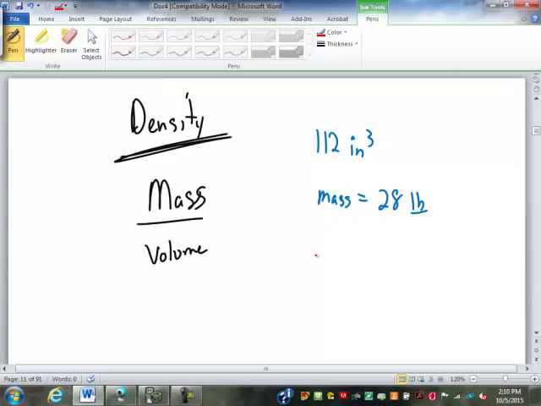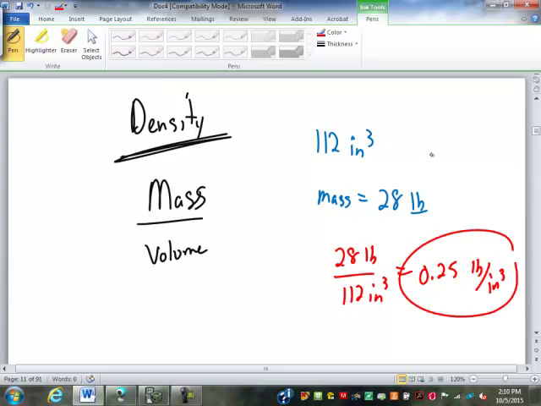By the way, pounds is not really a mass, but we use it as a mass. 28 pounds divided by 112, which is 0.25 pounds per cubic inch, is the density. Well, we can use that in other ways as well.